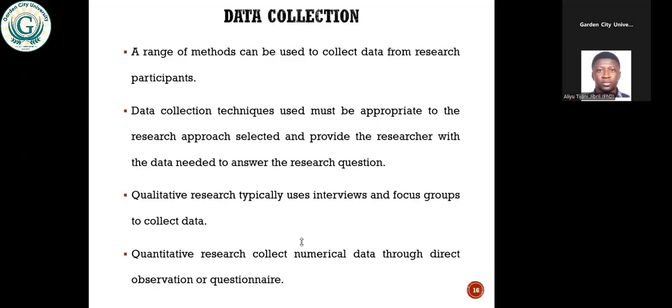Now, to make this much easier, you can go in with online-based questionnaires. Here you create your questionnaire using online platforms like SurveyMonkey, Google Forms, and so on. I actually prefer Google Forms because it's quite free.